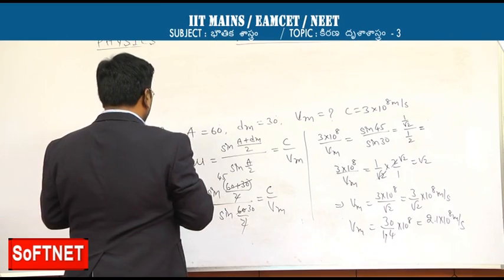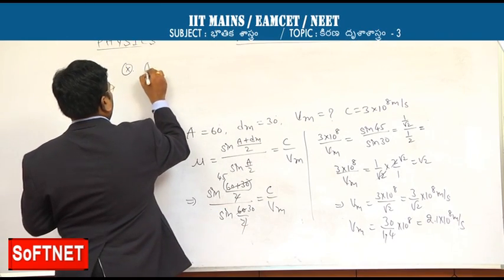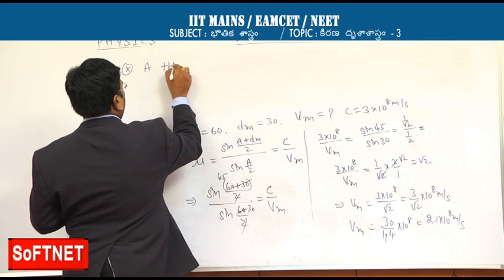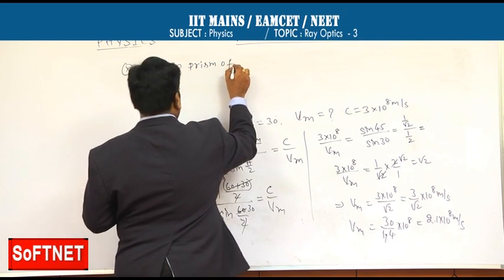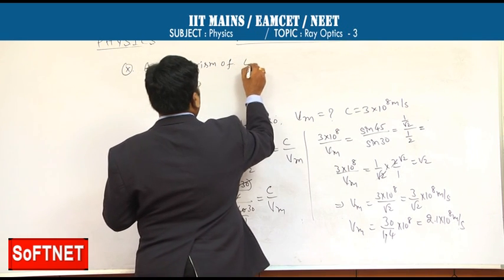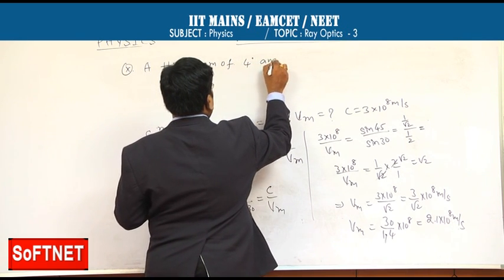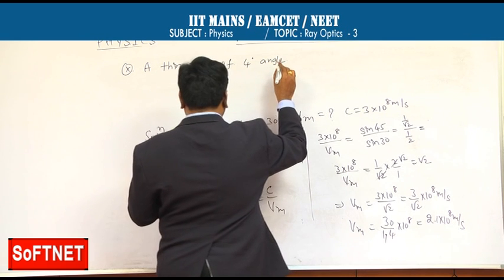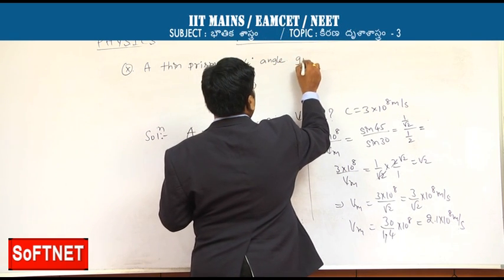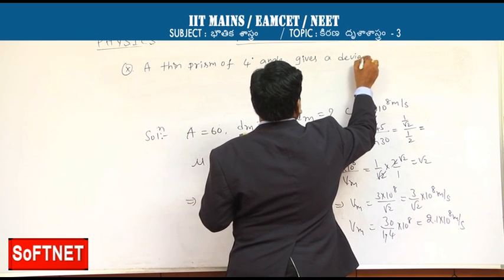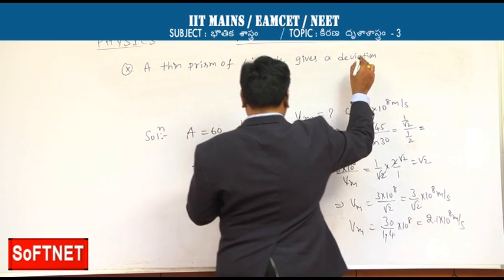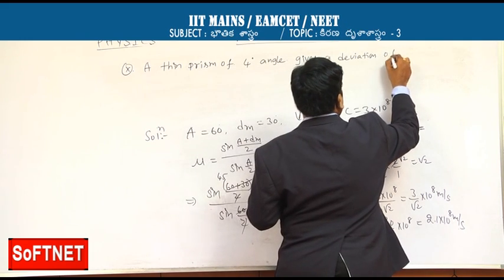A thin prism of 4 degrees angle gives a deviation of 2.4.